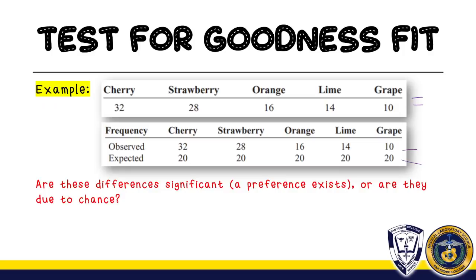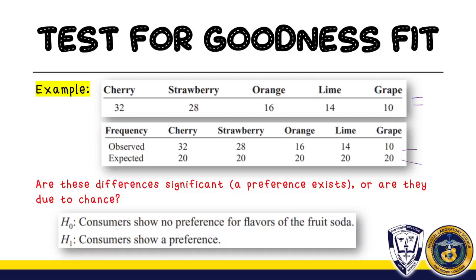So, our question here would be, are these differences significant? Or is there a preference that exists? Or are they just due to chance? So, how do you state your null and alternative hypothesis? Null: consumers show no preference for flavors of the fruit soda. Alternative: consumers show a preference.